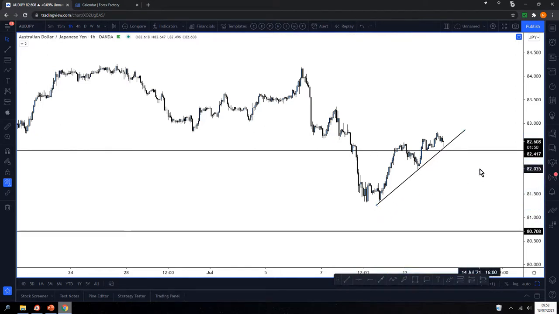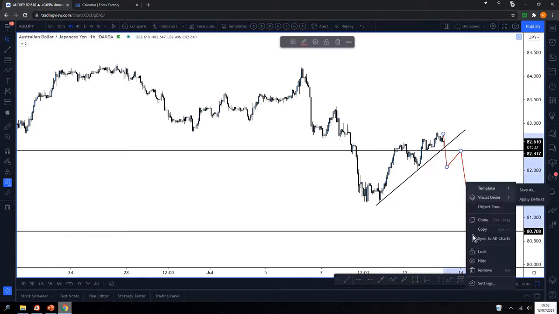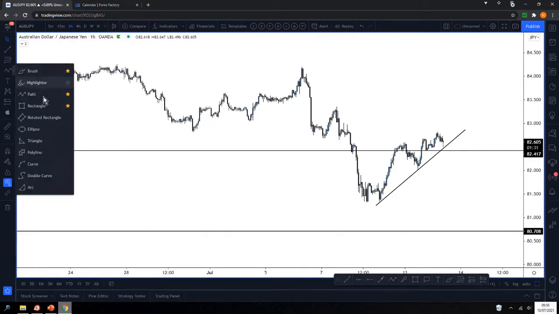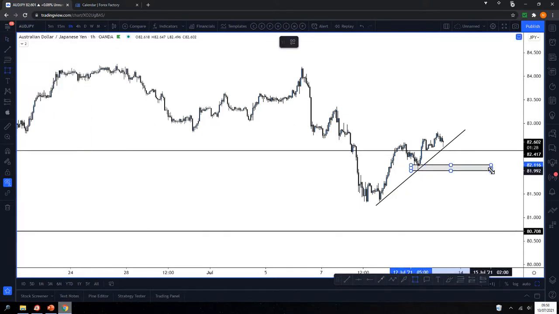I would certainly suggest a close below this low here, the swing low. So you could look for something like that, and then maybe a retest, and then look to sell into this level. You may want to look for a close below this low. Let me just draw in a little bit of a zone there.